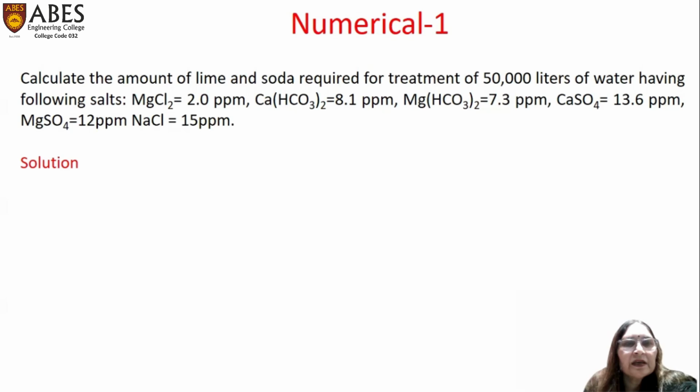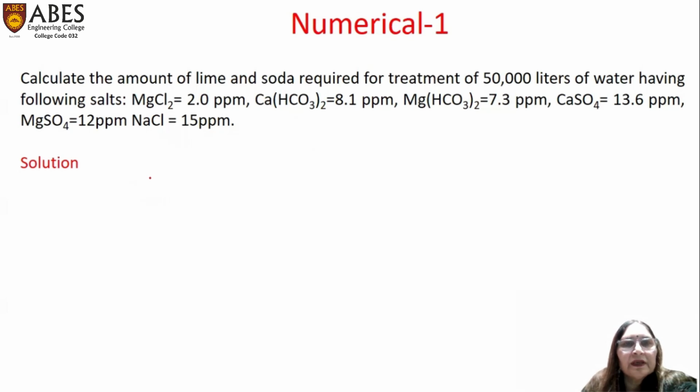Magnesium sulfate is 12 ppm and sodium chloride is 15 ppm. Sodium chloride is not a hardness causing salt. That's why it is not included in this numerical, and these are the hardness causing salts.